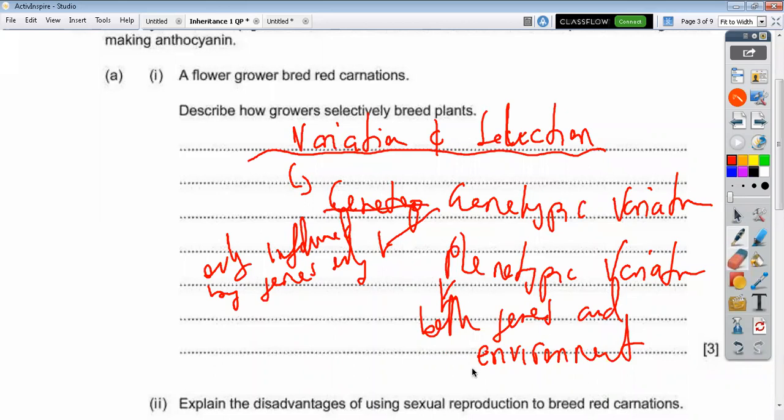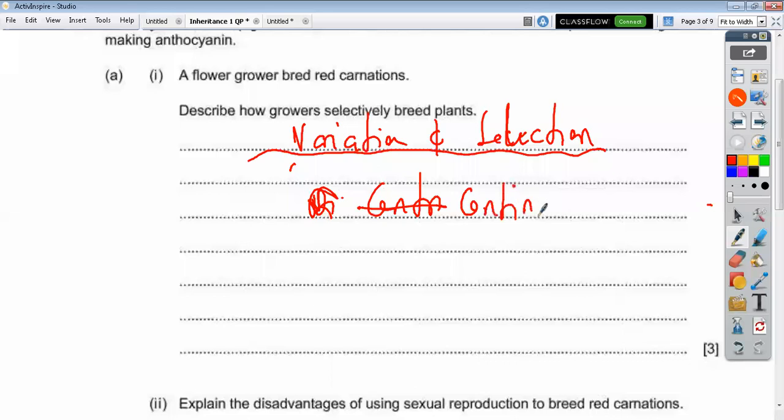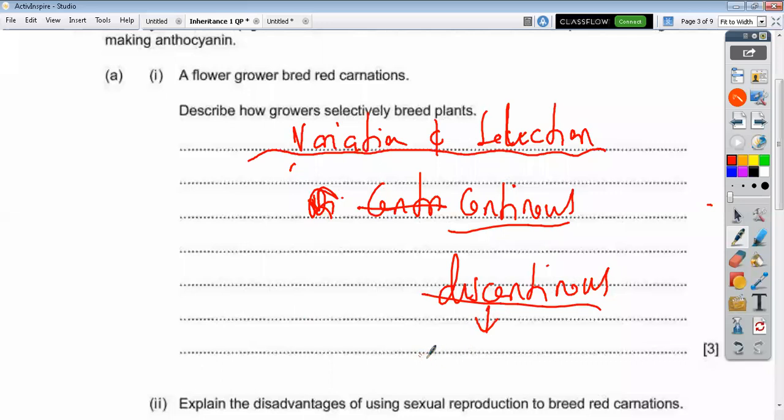So, under this, we also have what is known as continuous and discontinuous variation. Who can explain the difference? Continuous and discontinuous. What's the difference? This one is only affected by genes.